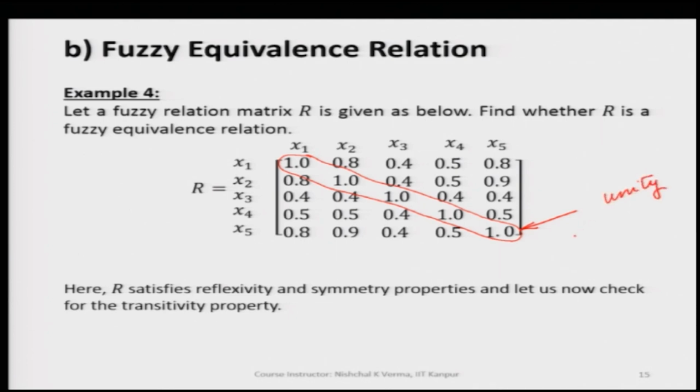In other words, we can write here all the diagonal elements are 1.